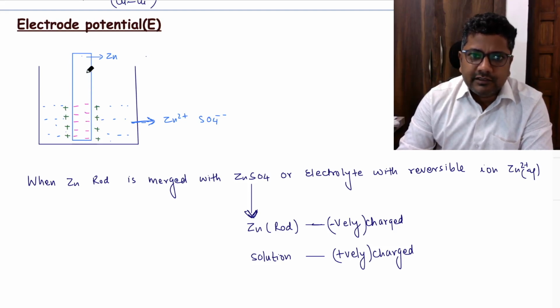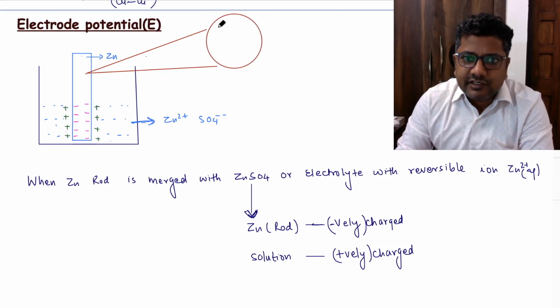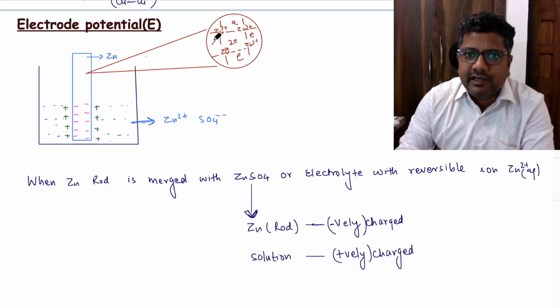So if we try to visualize inside the zinc rod, we can see the Zn lattice of this zinc metal, Zn2+ are there in the zinc rod, and the relative position of Zn2+ is fixed, and these electrons are freely moving inside the zinc lattice.